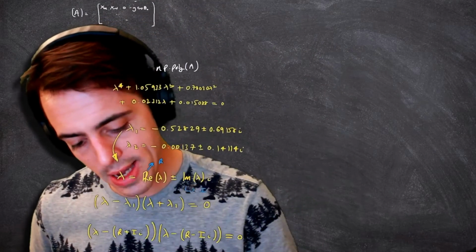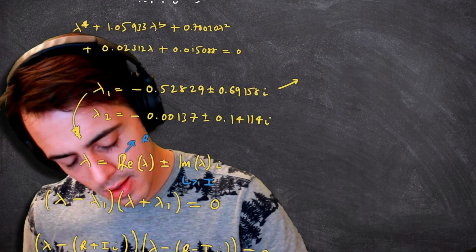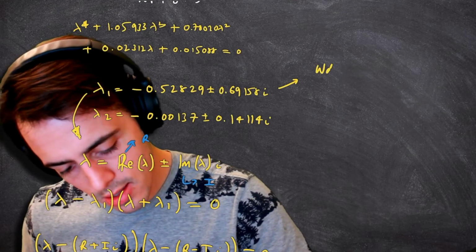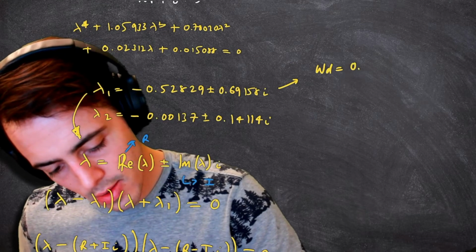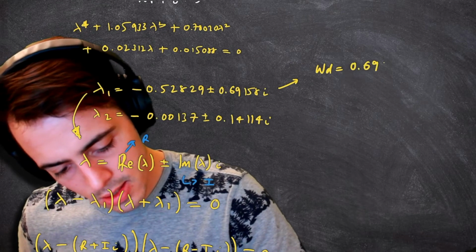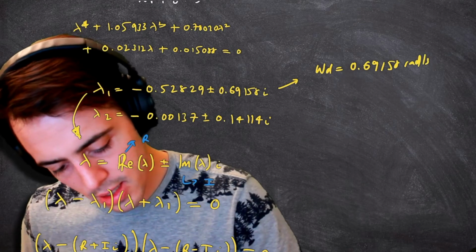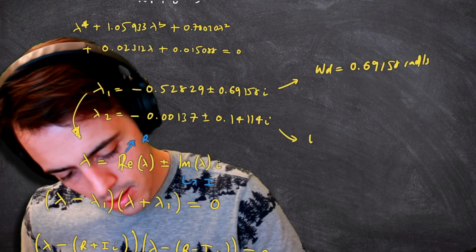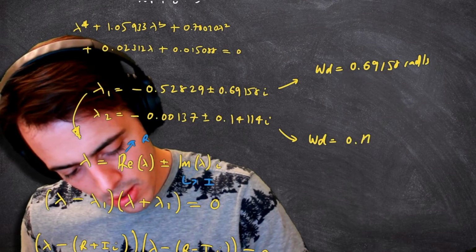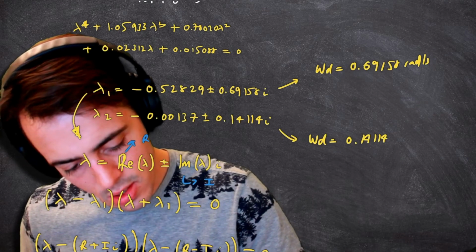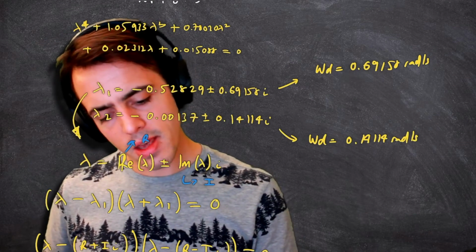So let's go back up to these. We can immediately see from all of these that the damped natural frequency is going to be 0.69158 radians per second. Omega d is equal to 0.14114 radians per second.